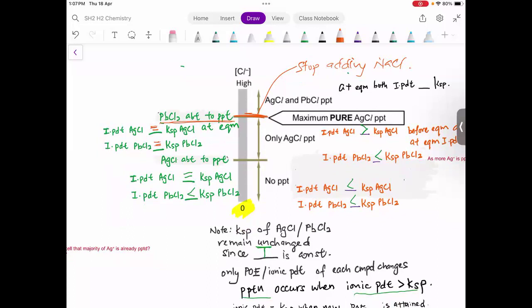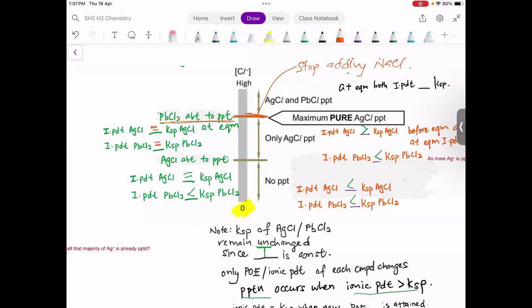It must exceed first so that it can become equal. So that means at equilibrium, the POE doesn't shift anymore.